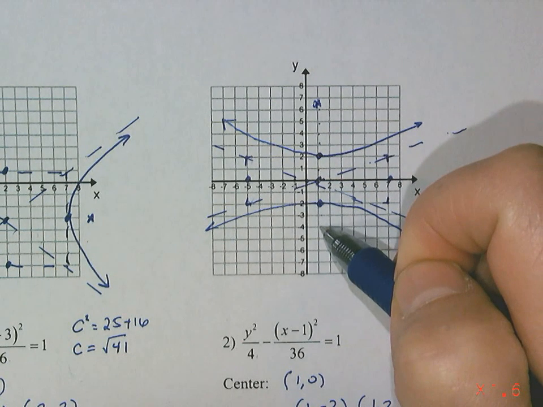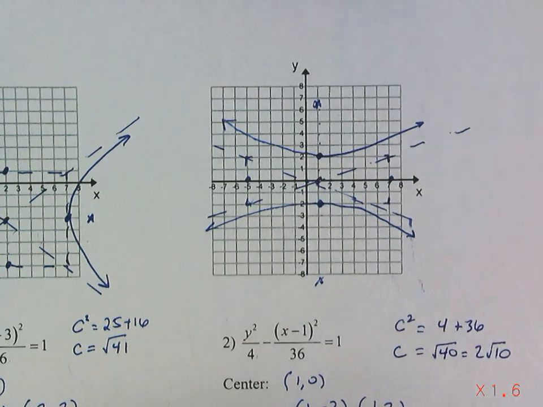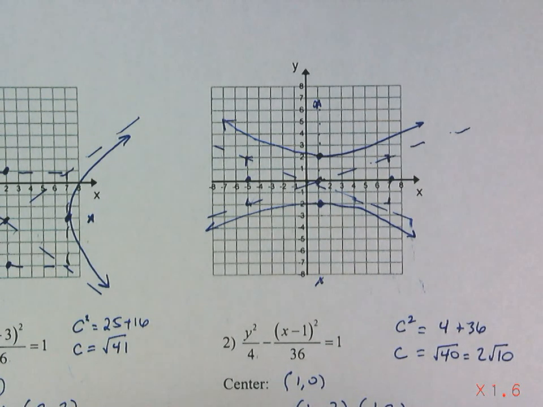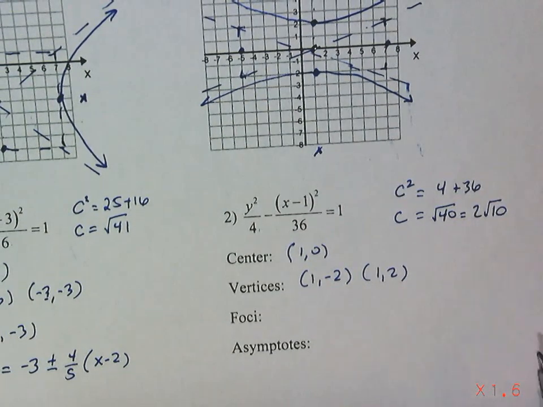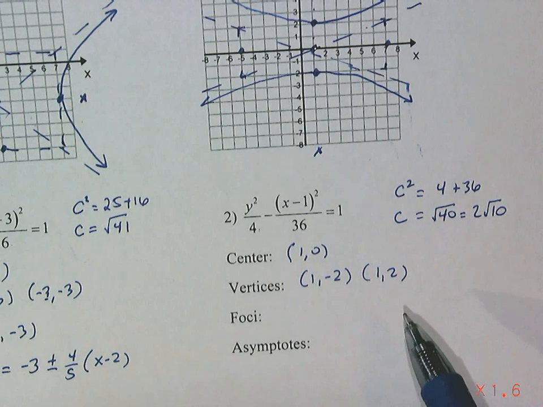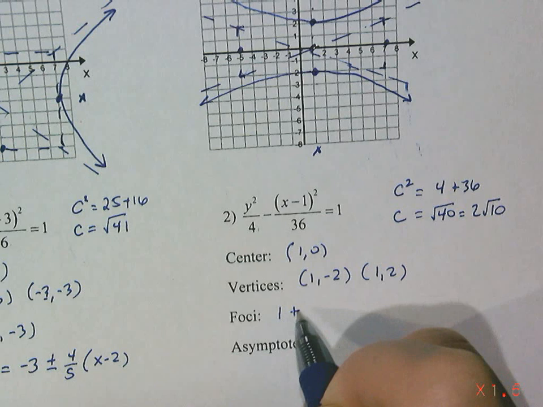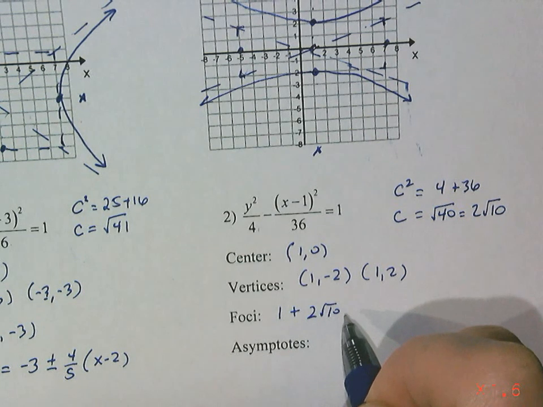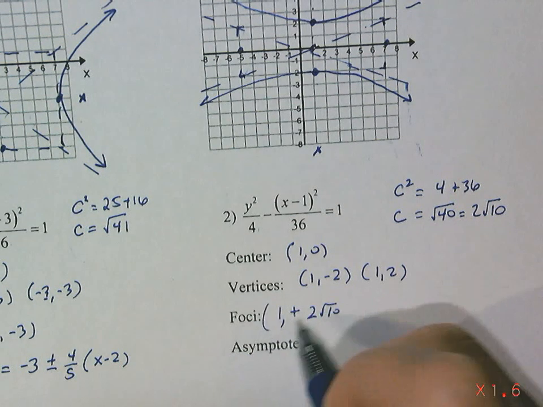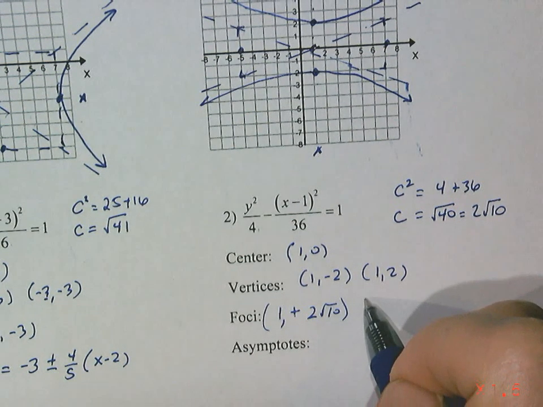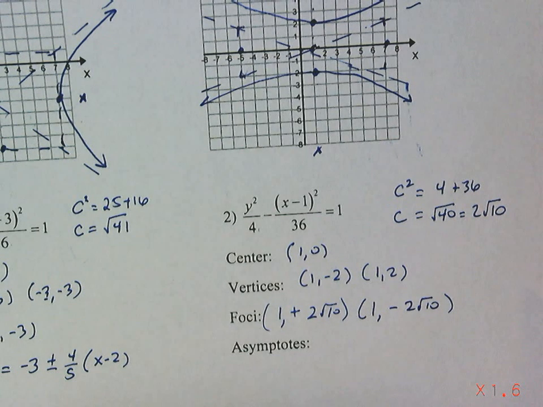Go down, 1, 2, 3, 4, 5, 6, between 6 and 7. It goes right there. And then it would be 1, comma, positive 2 square roots of 10, and 1, comma, negative 2 square roots of 10.